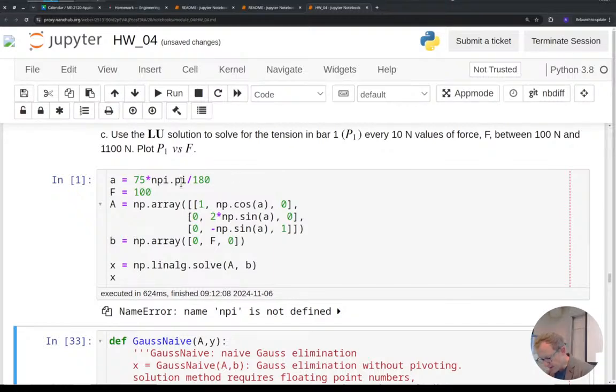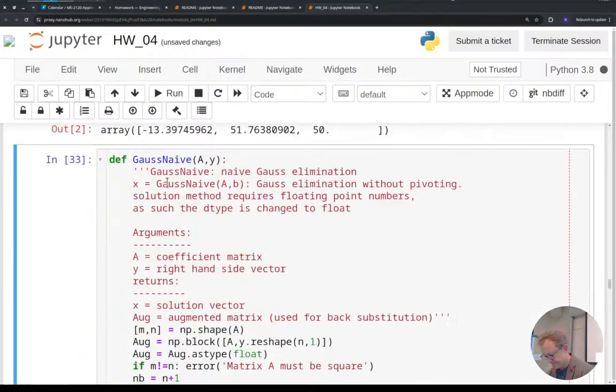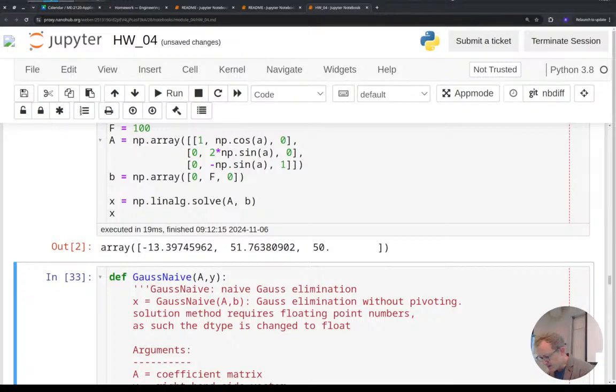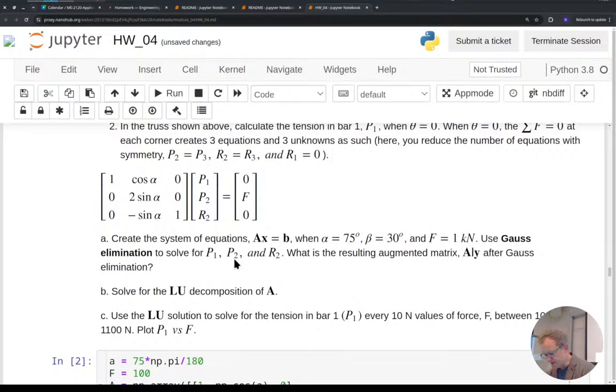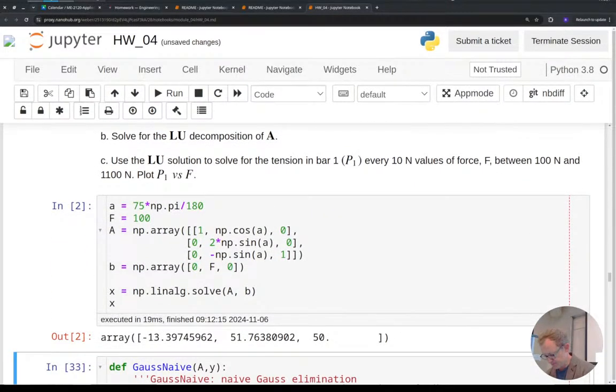Yeah, np.pi is not defined. Oh, and I guess we're supposed to use that LU decomposition. So let's decompose it.